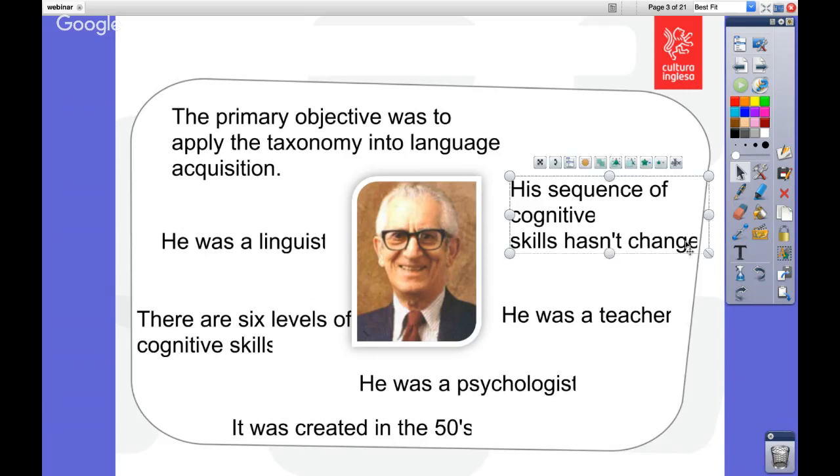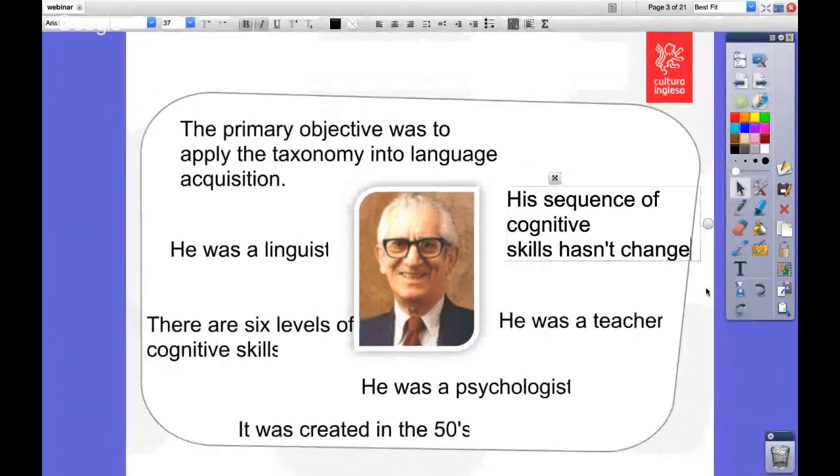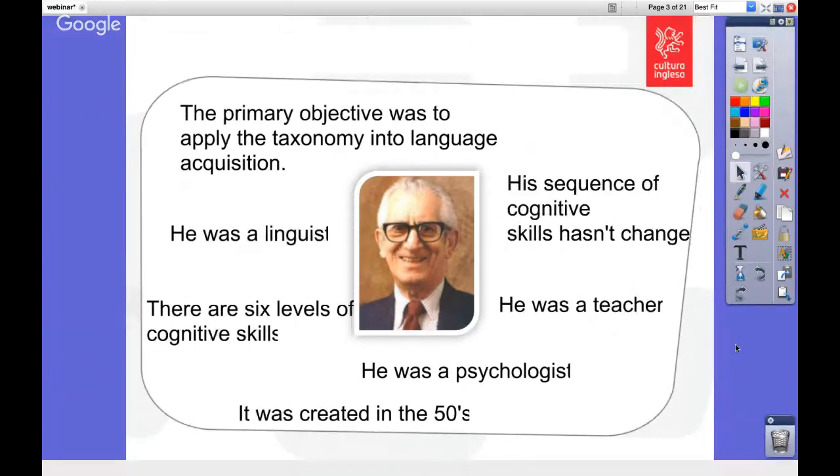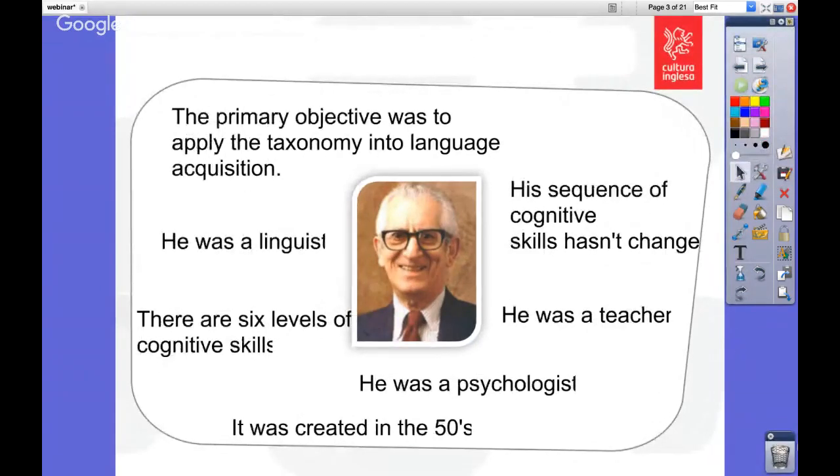I'm going to talk a little bit about that. And the primary objective wasn't to apply taxonomy into language acquisition, but to organize studies, assessment, curriculum, and methods to enhance educators' job in the classroom, right?